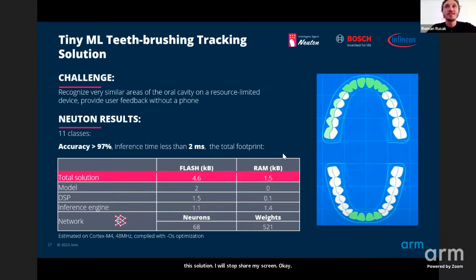On the screen, you can see the technical specs of our solution. First of all, we have 11 classes: 9 areas of the oral cavity, and 1 class for unknown random movements, and an idle class when the toothbrush is not moving at all.